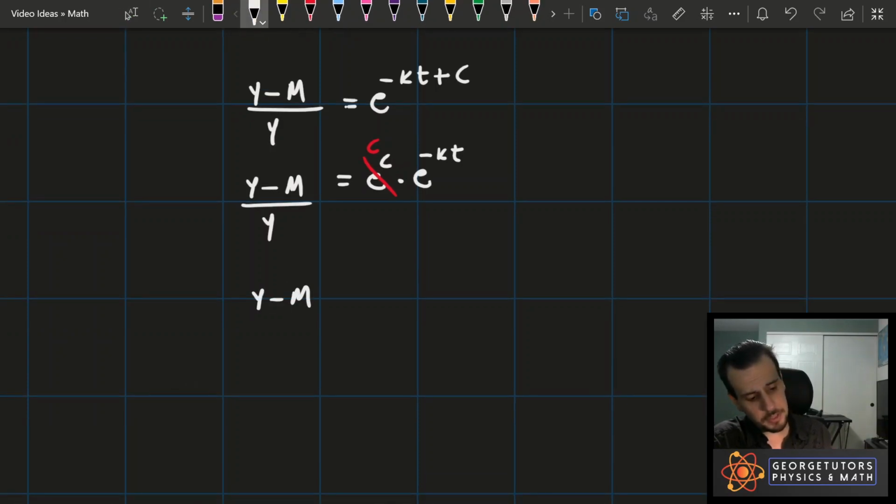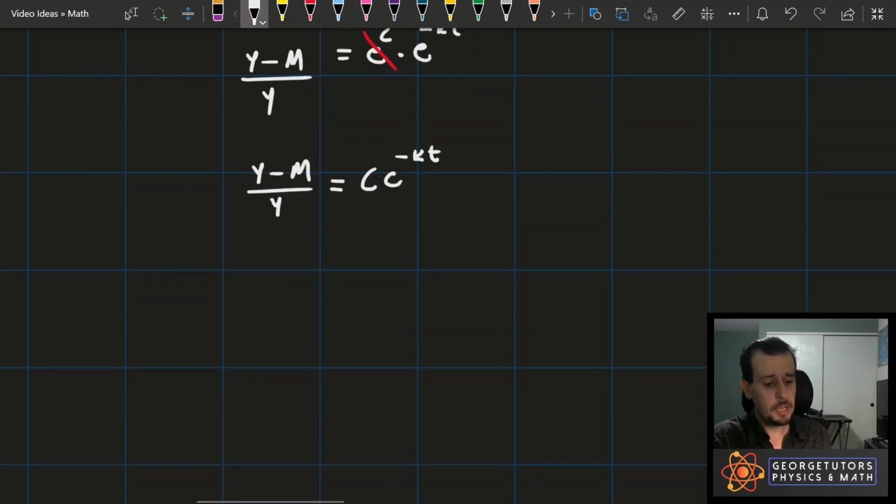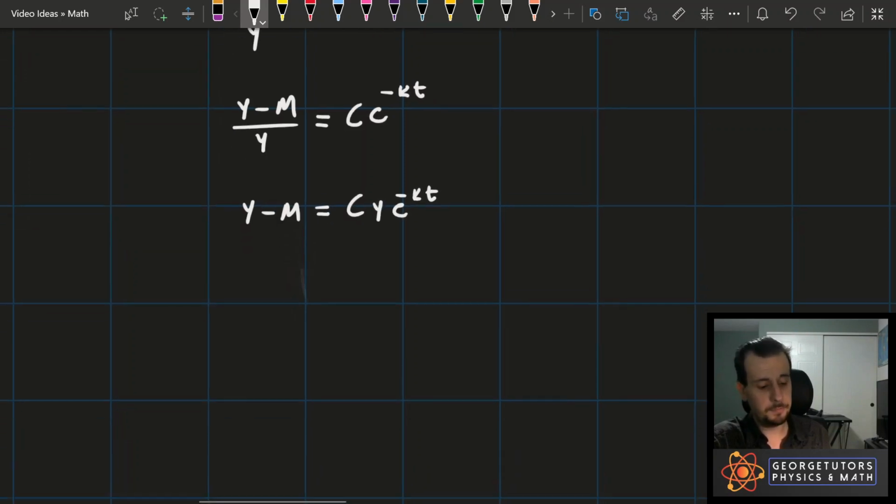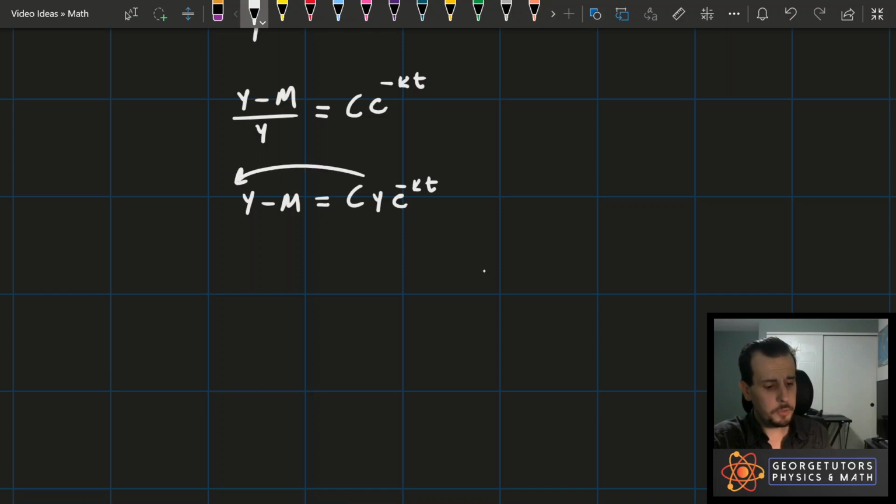So having right now this written in this fashion, I proceed to solve. Again, I want to isolate for y as a function of t. So my next move here is to multiply both sides by y, giving me right now c times y e to the negative kt on the right-hand side. Then I will pull this term over here while I pull the m on the right-hand side, and I will factor the y on the left-hand side, giving me right now 1 minus c times e to the negative kt.